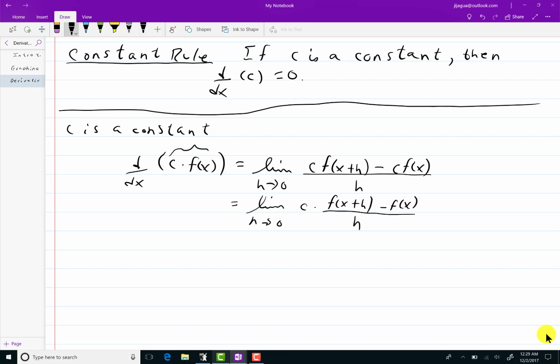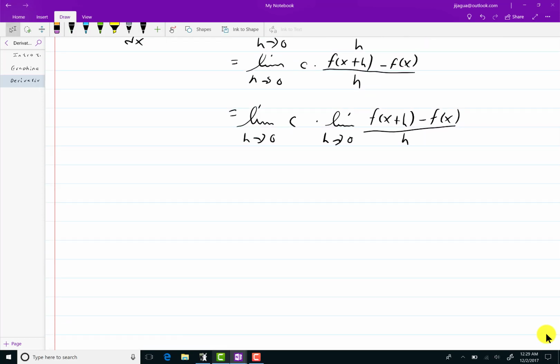And that'll break it up into the limit of two parts. Remember the product rule for limits. Now, the limit of a constant is just that constant, so that part is going to be c times, and then this part over here, well, that's f prime of x.